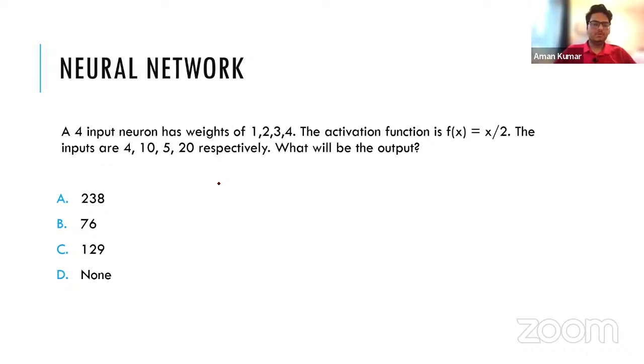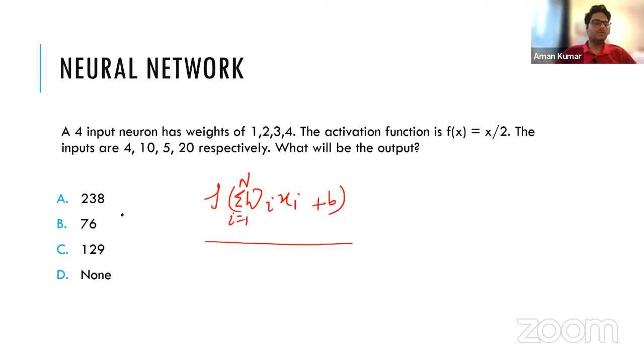So you have to put it in this formula, right? So f of the summation of WiXi, i equals 1 to n, plus B. What is the option?